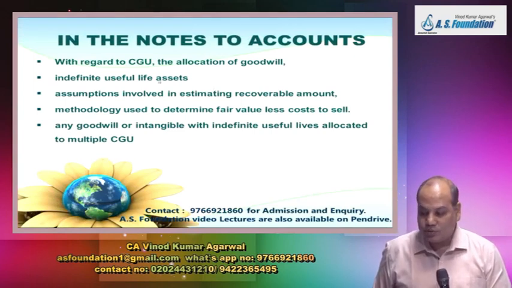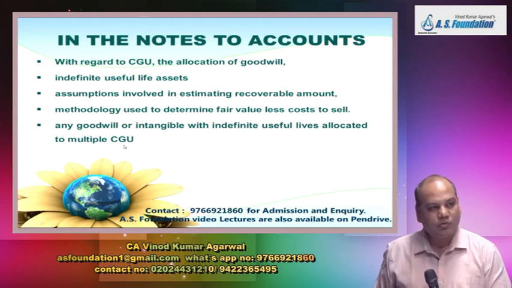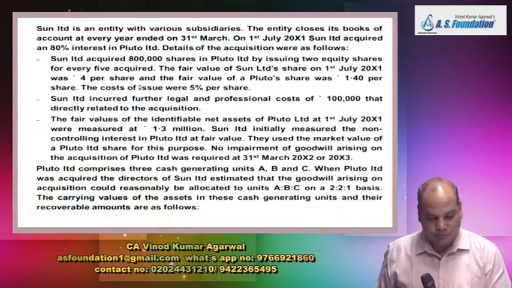In the notes with regard to the CGU: the allocation of goodwill, indefinite useful life assets, assumptions involved in estimating recoverable amount, the methodology used to determine fair value less cost to sell, and any goodwill or intangible with indefinite useful life allocated to multiple CGUs. So these are the disclosure requirements in the notes.